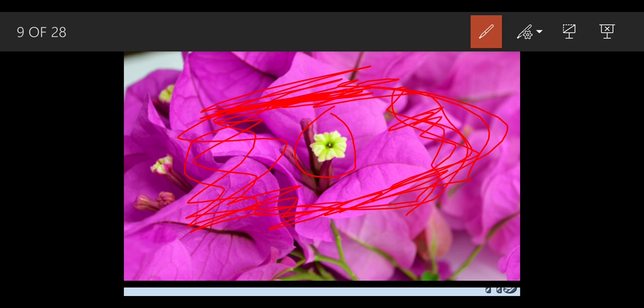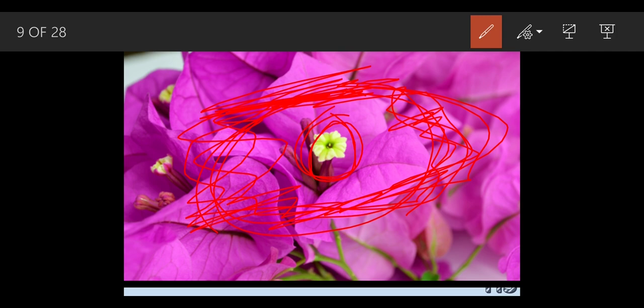Bract means it is a leaf-like structure. This part is a leaf, not a flower. Where is the flower? The flower arises in the axil. Axil means like here. This condition is considered as a bract. They are large and colorful in nature. Why are these bracts large and colorful?